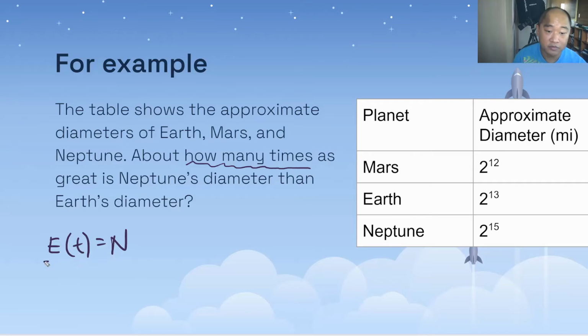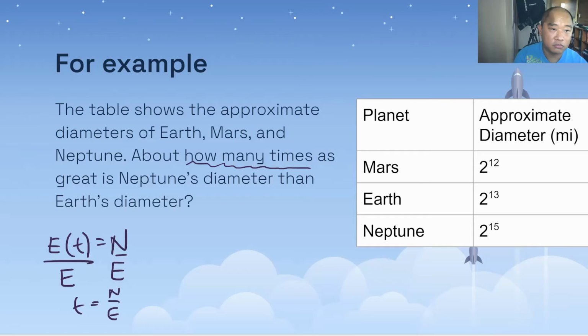And to find the number of times, we're going to divide both sides by the E, right? That'll give you the number of times. So the number of times equals N over E. Does that make sense?